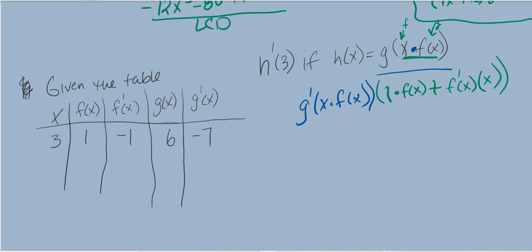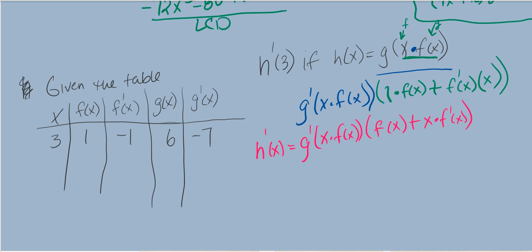Okay? Now, again, it just looks a little crazy as we have it written out as such, but I guess I can clean it up just a little and say that h prime of x would equal g prime of x times f of x, times f of x, plus x times f prime of x. Okay?